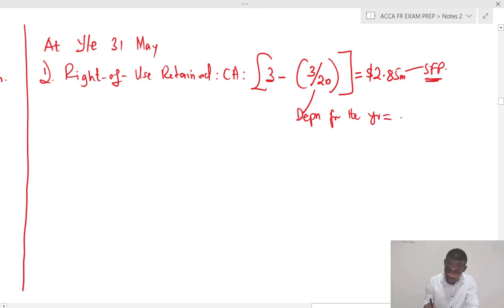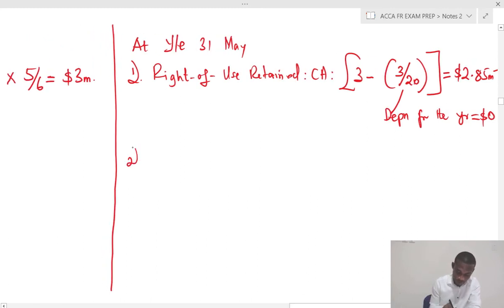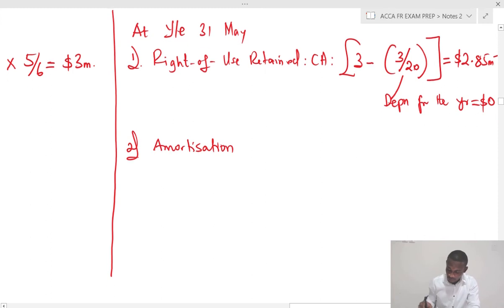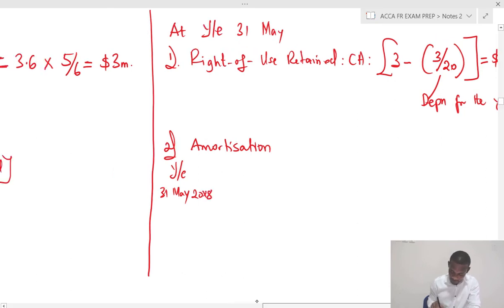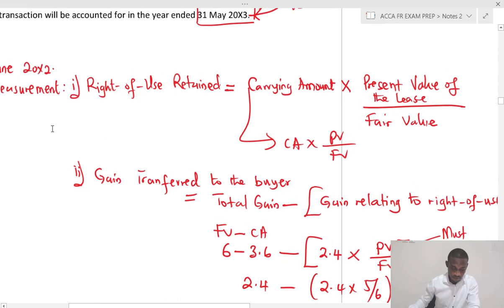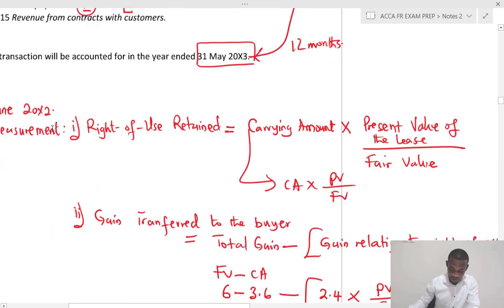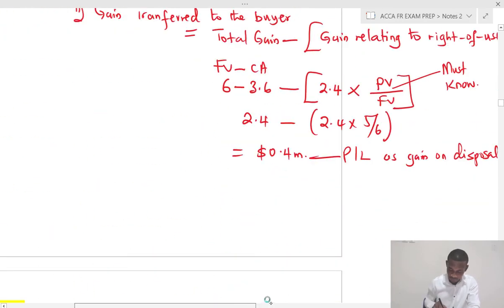Now, the second thing to do is to look at the amortization. I'll do just the first year, the first year end, which is 31st May, X3.